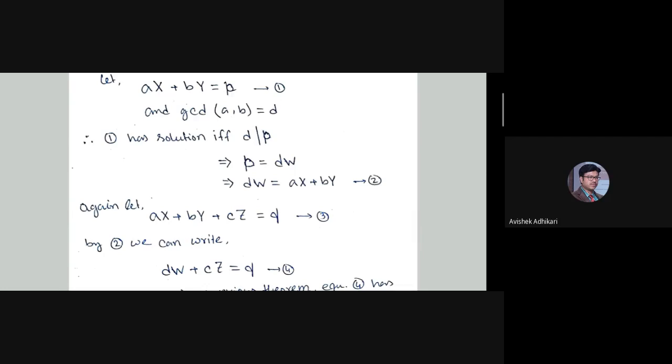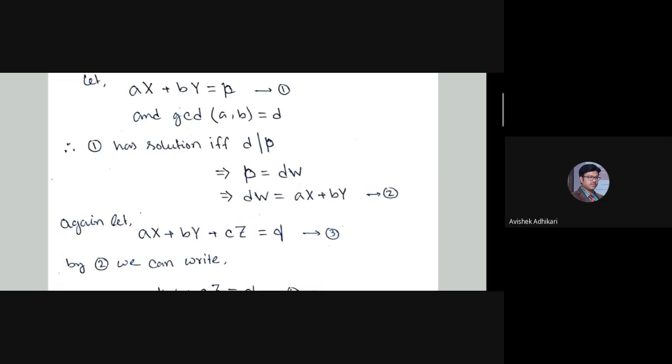Let ax plus by equals p be a linear Diophantine equation, where the GCD of a and b equals d. Then by the last theorem, we know that equation 1 has a solution if and only if d divides p.